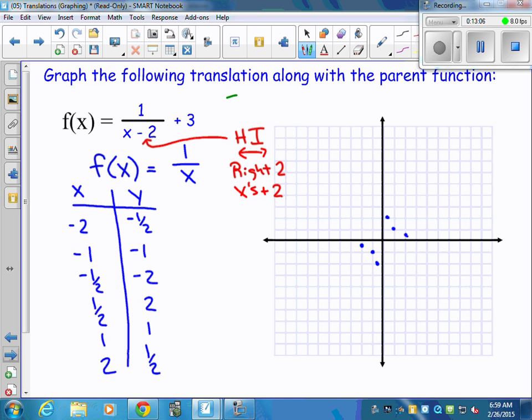And then our vertical operation, we've got a +3 on the outside. Outsides are vertical. Head shake tells us we trust what we see. So we know that this graph is going to move up 3 units, or the y values will be +3.